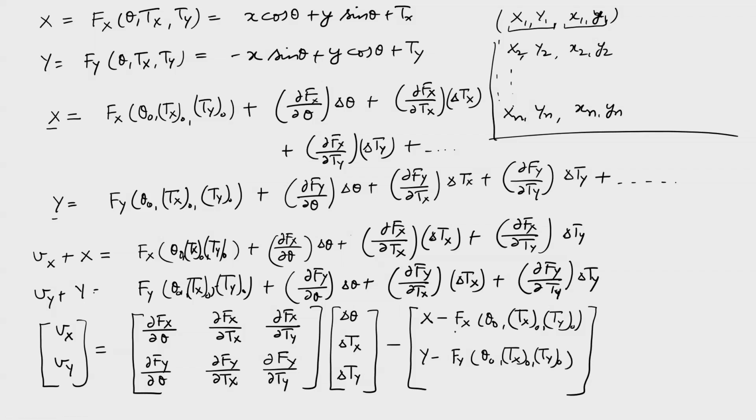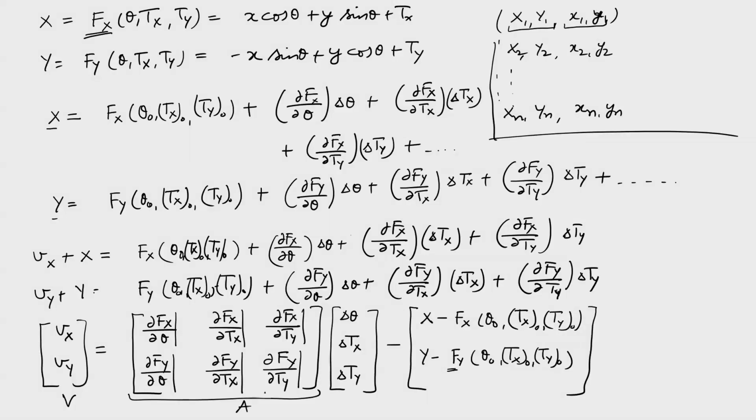So these are the values of function f evaluated at theta0, Tx0, Ty0, which are the initial approximation or initial estimate to start calculations. Similarly, I have evaluated the Jacobian matrices at theta0, Tx0 and Ty0. This is the V matrix, this is the A matrix, this is the parameters matrix here, and this is the L matrix.